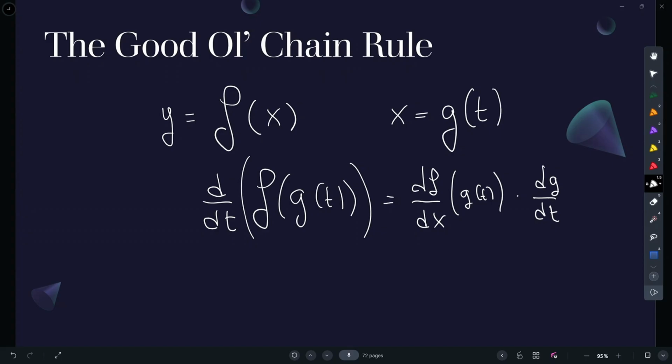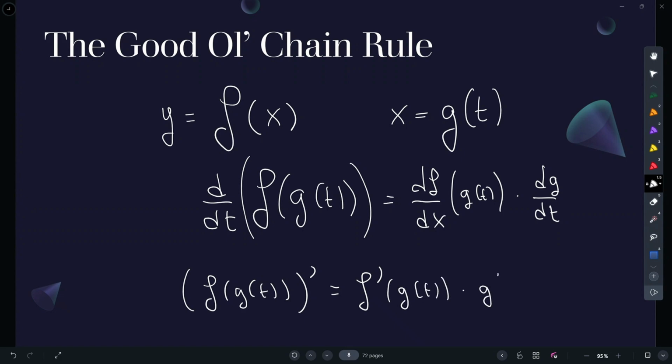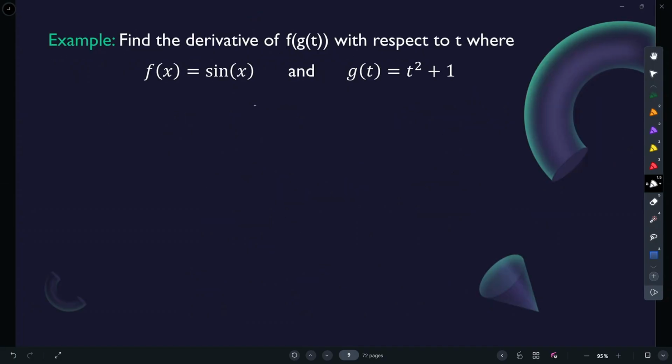So if you just use the prime notation, the derivative of a composition f of g of t is the derivative of f evaluated at the inside, times the derivative of the inside. Just as an example of how that works, the derivative of f of g of t is the derivative of f evaluated at g of t times the derivative of g.